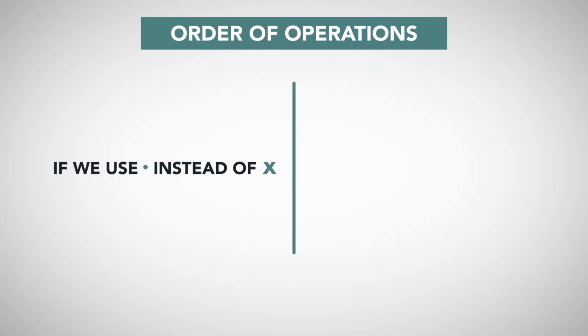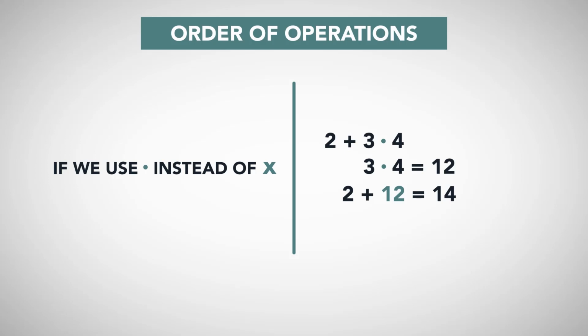Even if we use the dot instead of x, we would rather write 2 plus 3·4. Somehow it feels like we should multiply the 3 times 4 equals 12 before adding the 2, as in the order of operations. This is perhaps because the dot puts two numbers right next to each other, and so the psychological effect is that we're tempted to perform multiplication before addition.